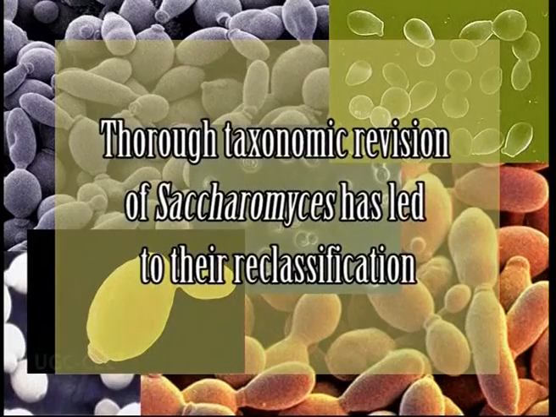A thorough taxonomic revision of Saccharomyces has led to their reclassification. Van der Walt, 1974, noted 40 species of Saccharomyces, but according to Lodder, many of them have been reclassified.